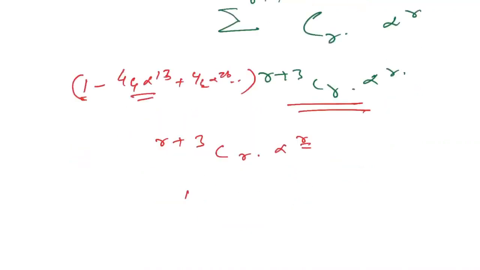So 12 plus 3, 15c12 or 15c3, is your answer. This is the complete thing, right? Please go through this and note it down carefully. Then I'll explain once again, with the base of the numbers.